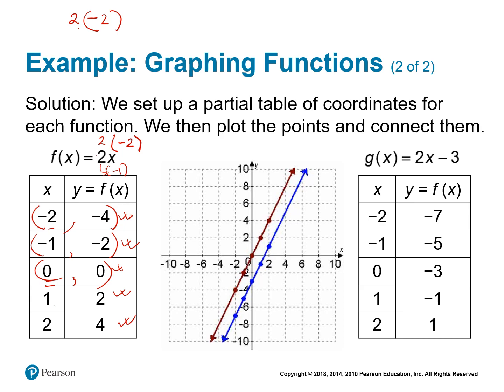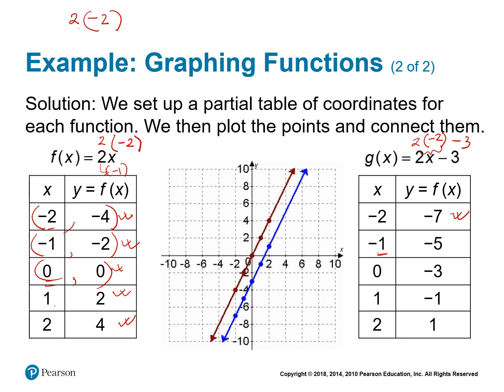So when x is -2, it's 2 times -2 minus 3. Again, use your brackets. I can't say that enough times, but please make sure that you don't make computational mistakes. So 2 times -2 is -4 minus 3 is -7.